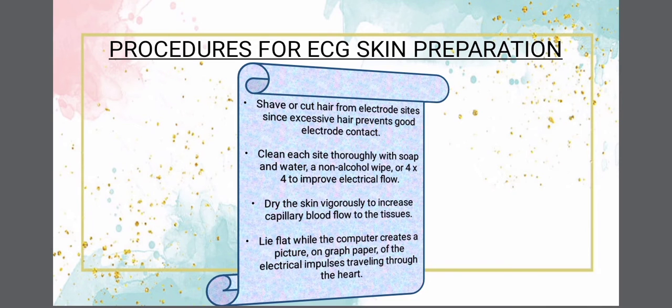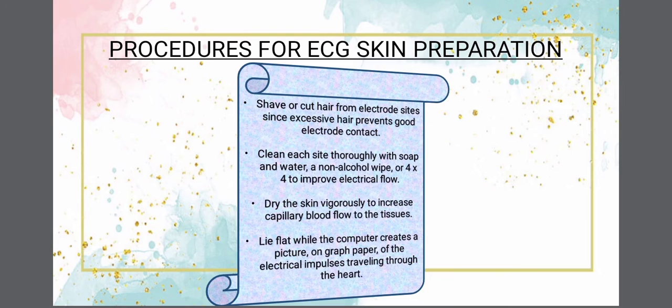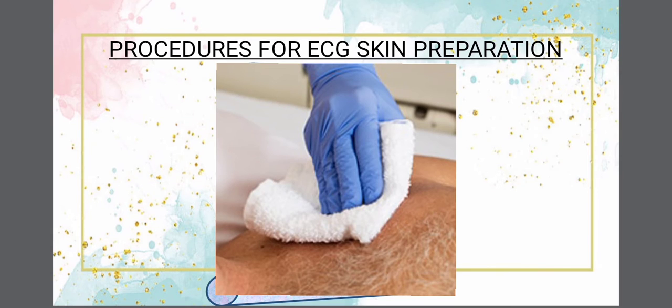These are the procedures for ECG skin preparation. Firstly, shave or cut hair from electrode sites, since excessive hair prevents good electrode contact. Second, clean each site thoroughly with soap and water.